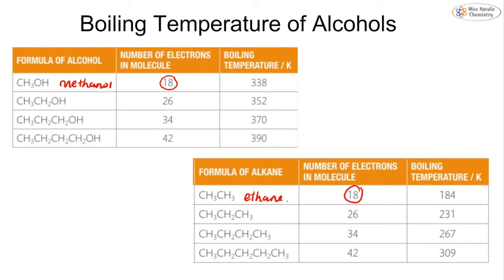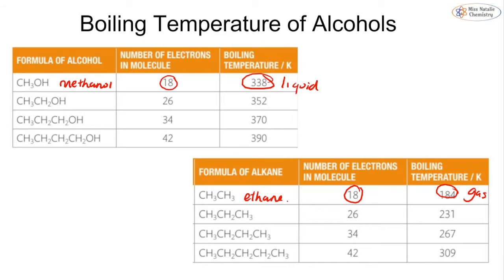If we compare the boiling temperatures, ethane is 184, so that's going to be a gas, whereas ethanol is 338, so that's going to be a liquid at room temperature. And if you compare each of them, from 26 electrons, we're comparing 231 versus 352. For 34, it's comparing 267 to 370, and for 42 electrons, comparing 309 to 390.